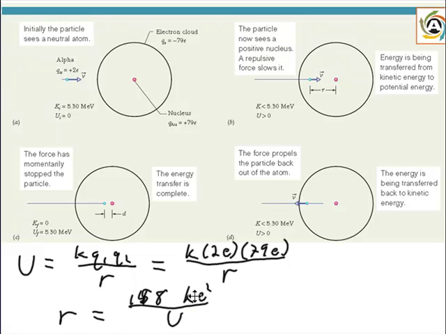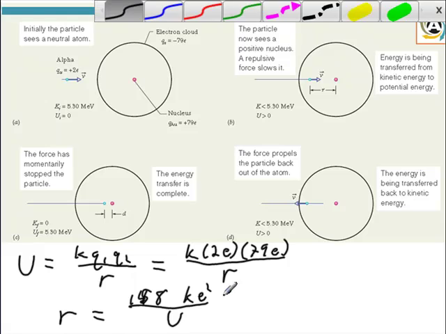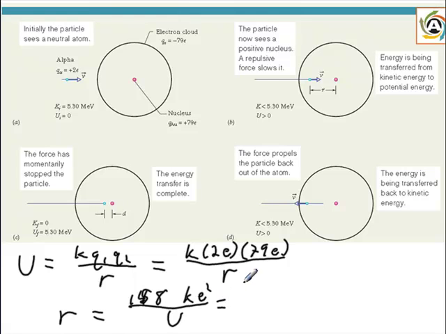Now we could put in K in SI units and e in SI units and figure this out. But I happen to know that Ke squared is 1.44 mega electron volts times a Fermi, where a Fermi or femtometer is 10 to the negative 15 meters.